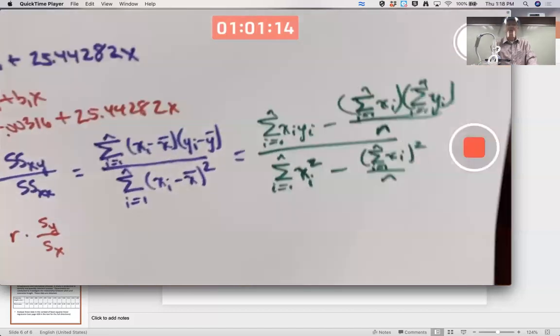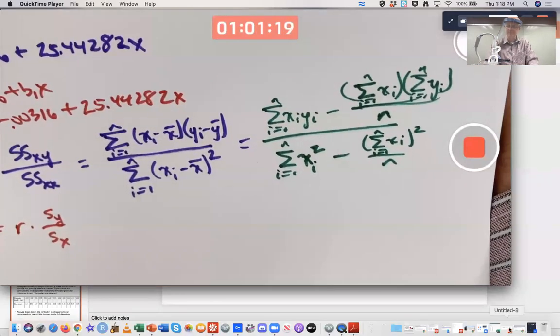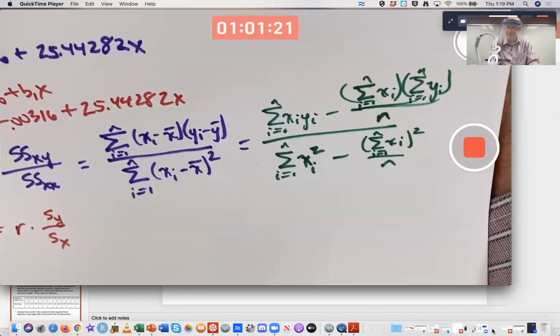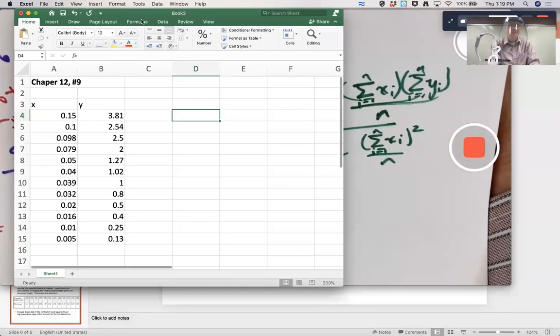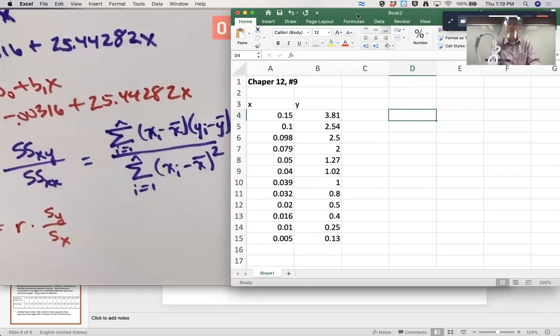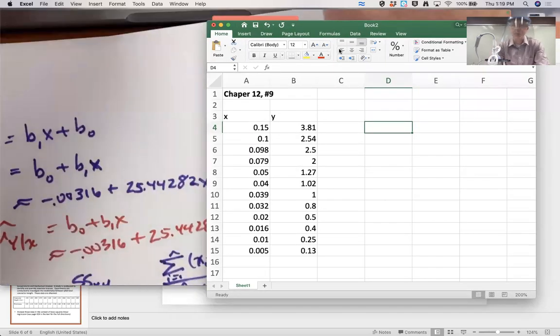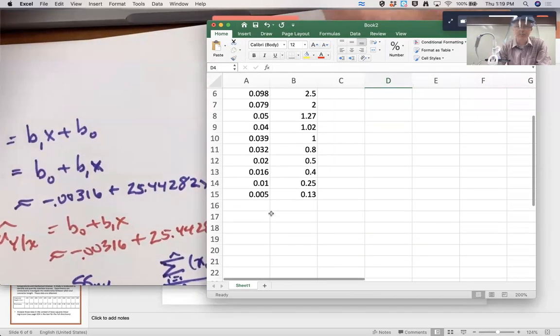Let's look at this in a spreadsheet, and then we'll finish the problem. Let's confirm some things with the spreadsheet. So I got the X values and the Y values here.